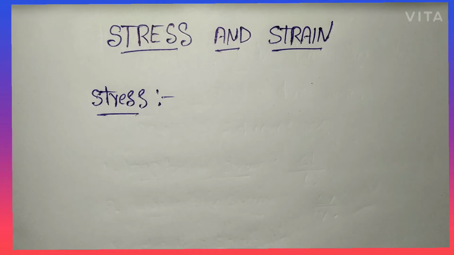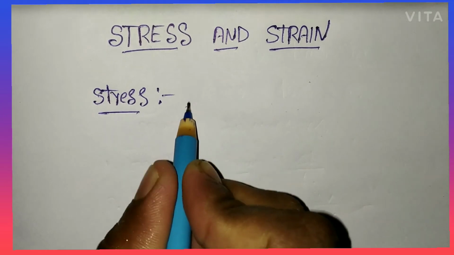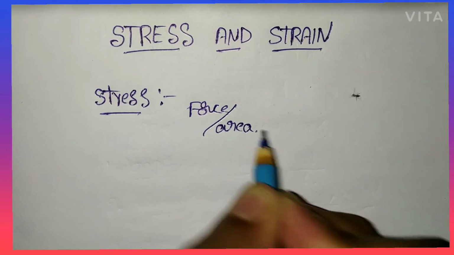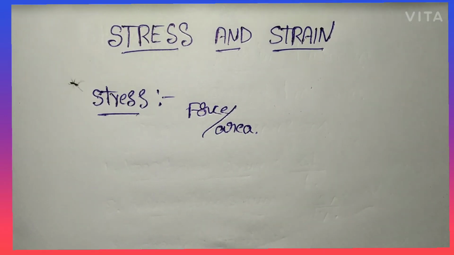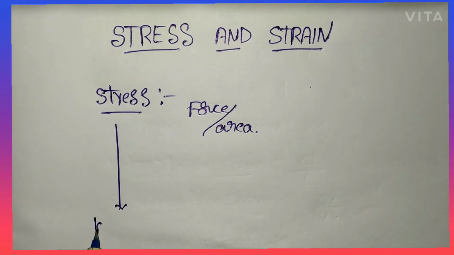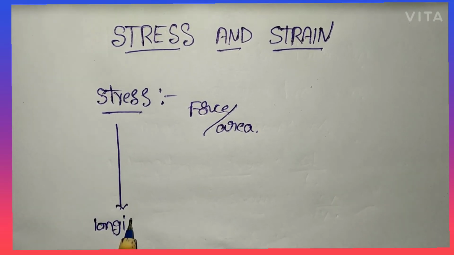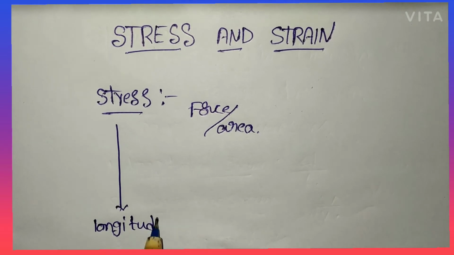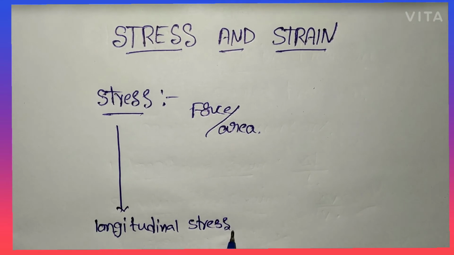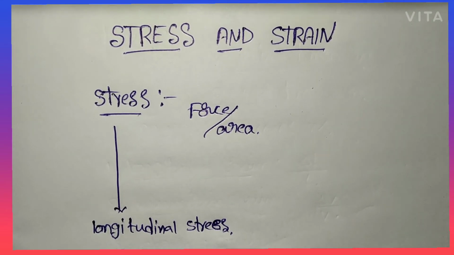Now we are going to study what is meant by stress and strain. Stress means force per area. The perpendicular force acting per unit area is known as stress. Stress has many types. One is longitudinal stress.